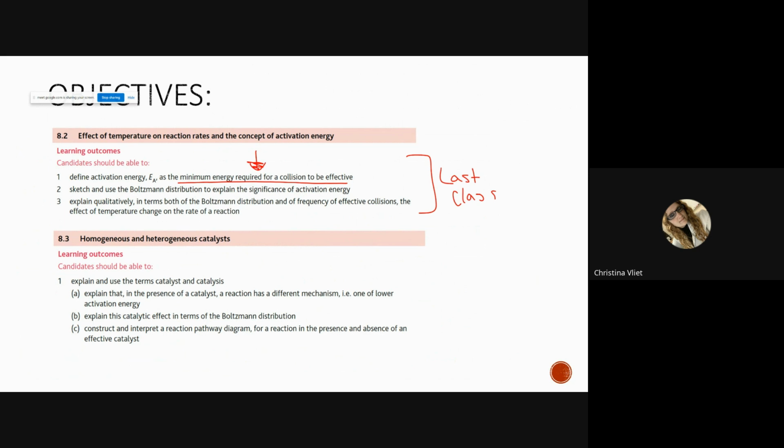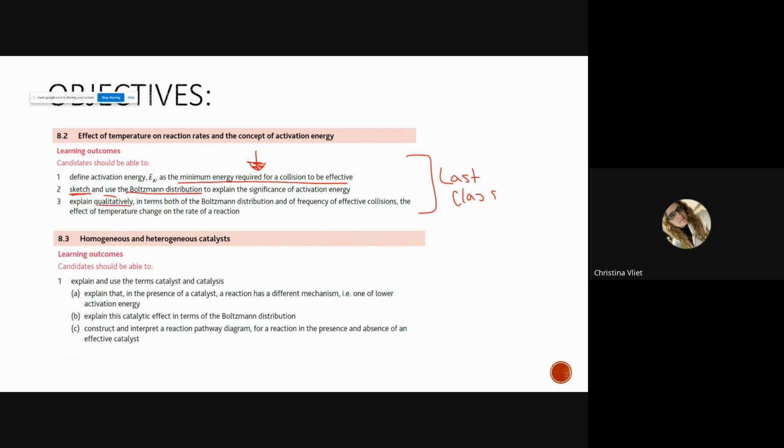So in order to have an effective collision, you need enough energy. This energy is called the activation energy. Sketch and use. Sketch. What does sketch mean? Draw it yourself. Sketch and use what we call the Boltzmann distribution to explain the significance of activation energy. We'll go back over that in the beginning of today's lesson.